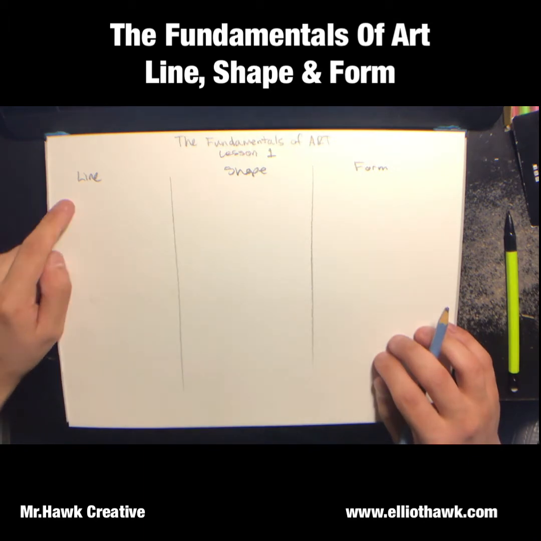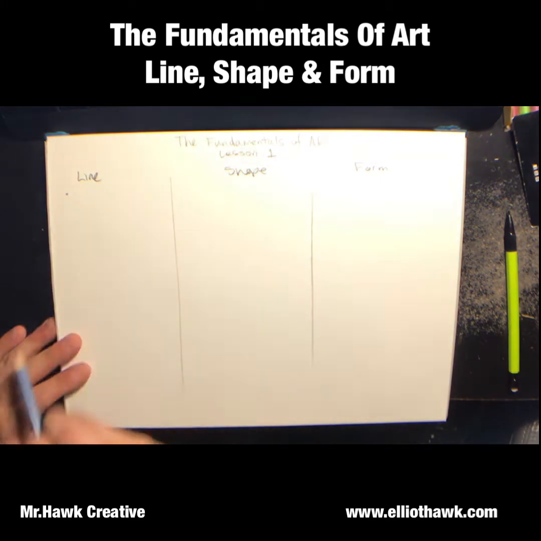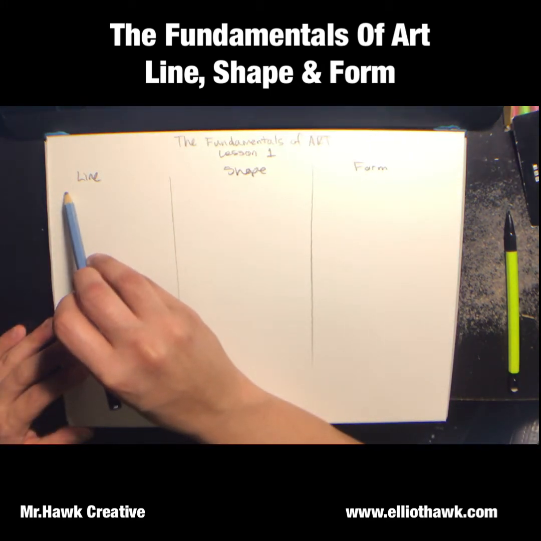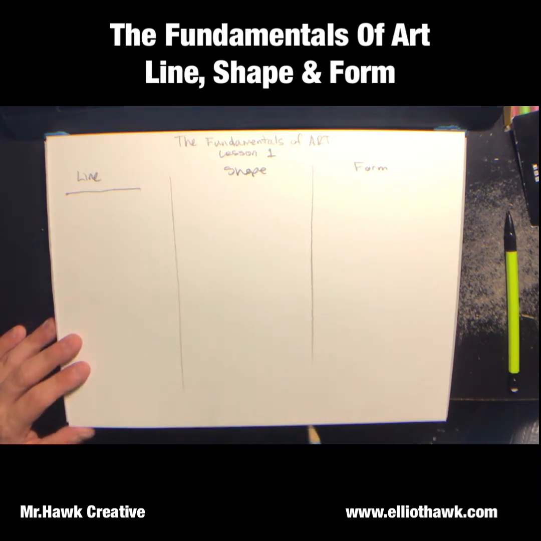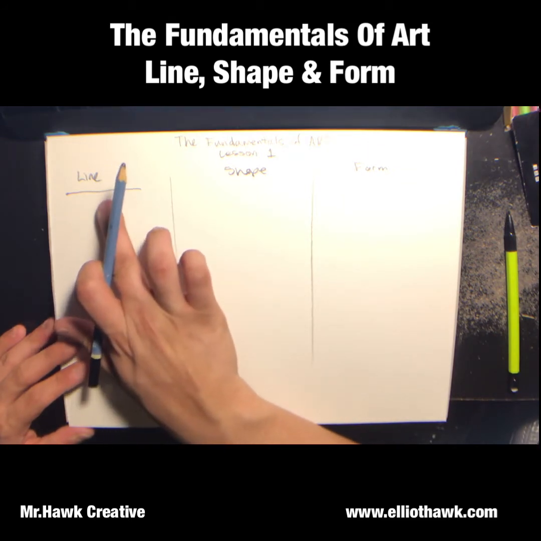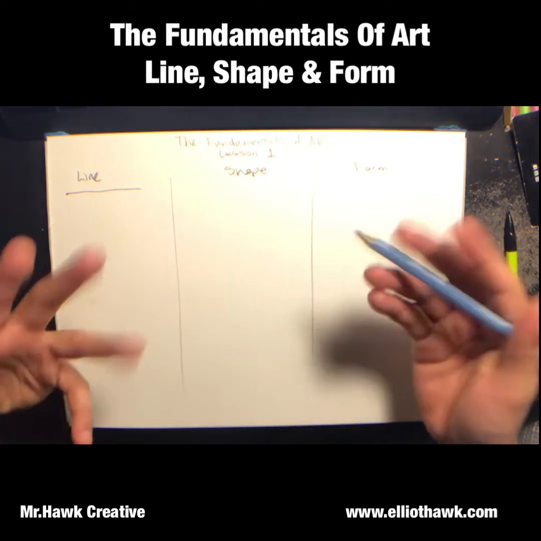So, a line is a single point, dot, that's a point, moving along in one dimension, indicated by that single line. A shape is taking that single line and making it consecutive, bringing it into the second dimension.